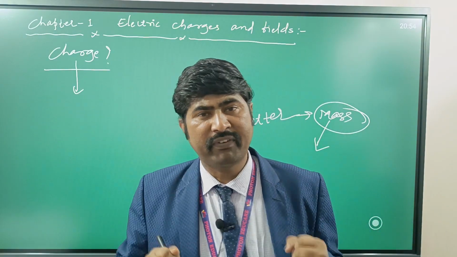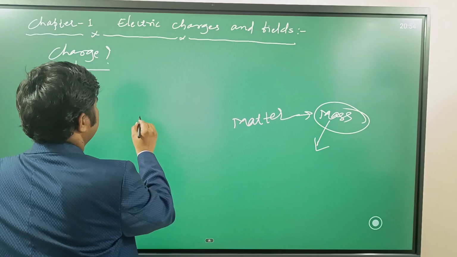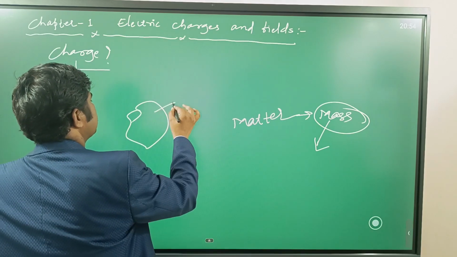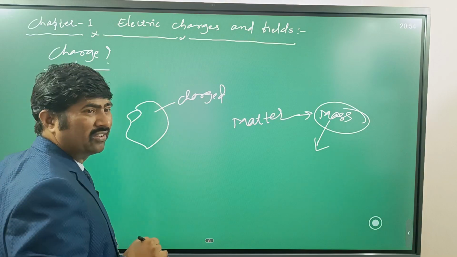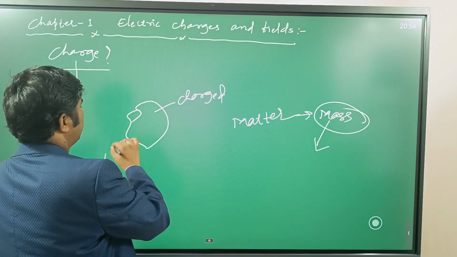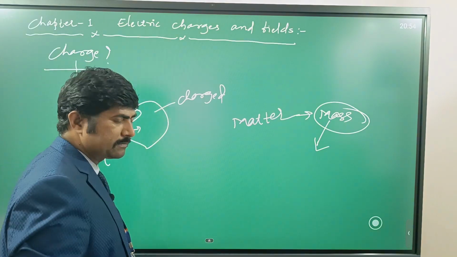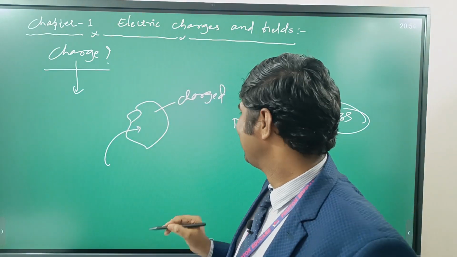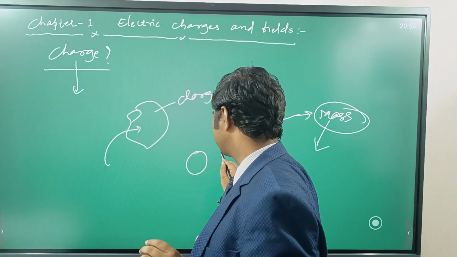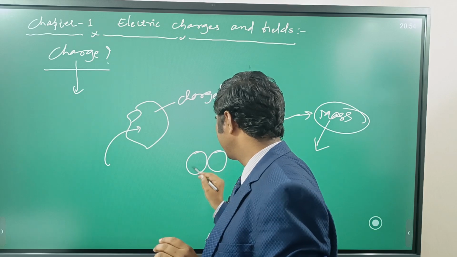For example, if I say this body is charged, how do you say that this body is charged? Whenever you add some charged particles... directly I will come to what charged particles mean. Say, for example, these are two atoms, very close to each other.